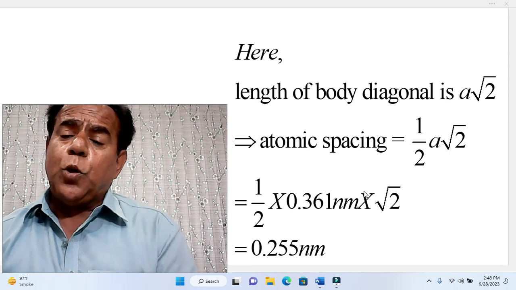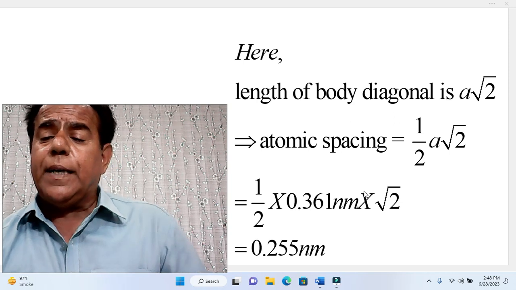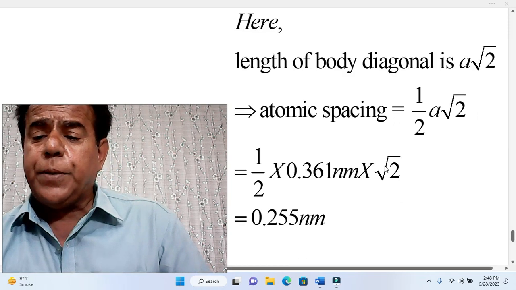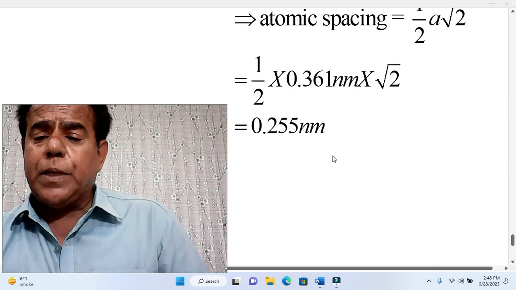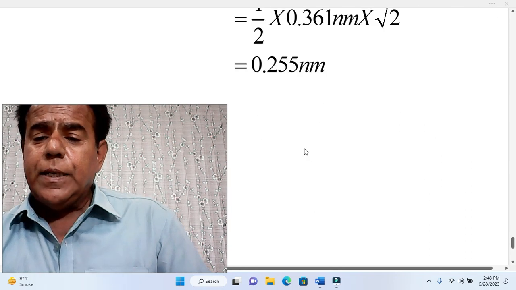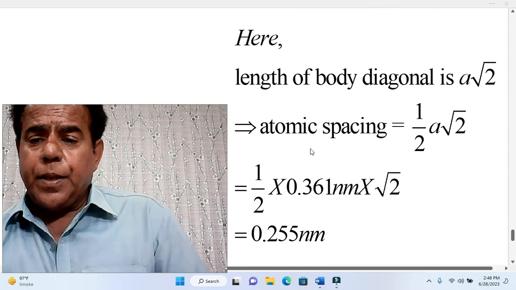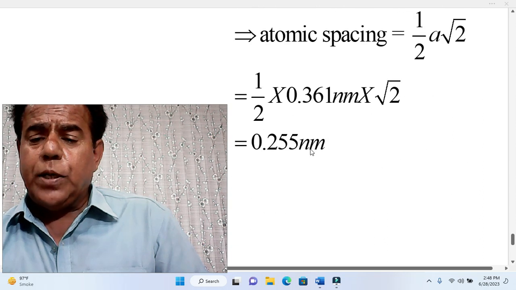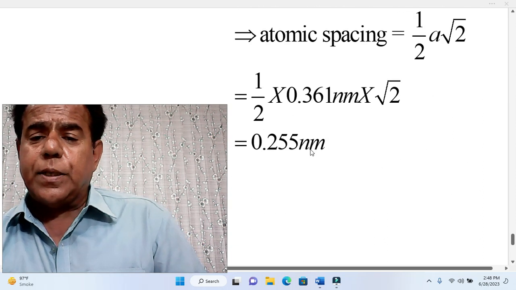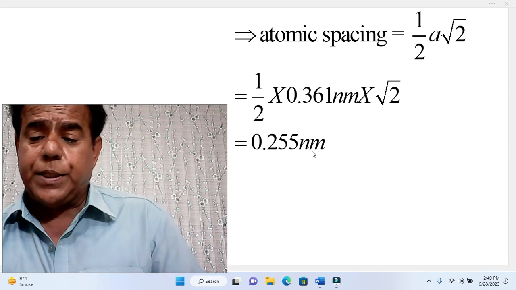In the previous problem it was half into a into root 3; this is half into a into root 2. Here we just put the value of a, and our solution becomes 0.255 nanometer. Atomic spacing has become equal to 0.255 nanometer.